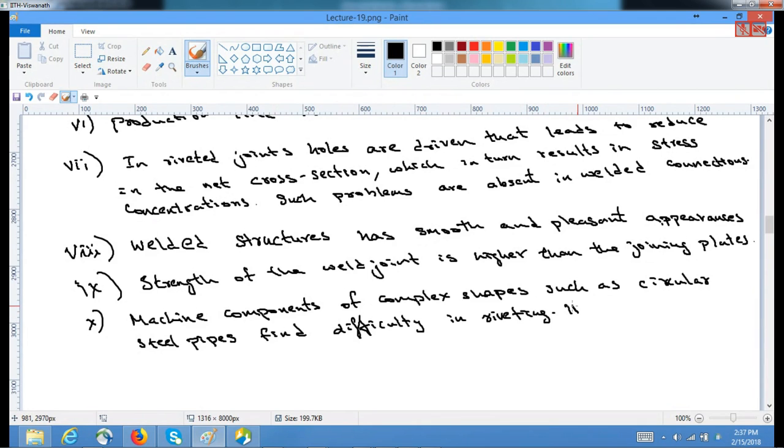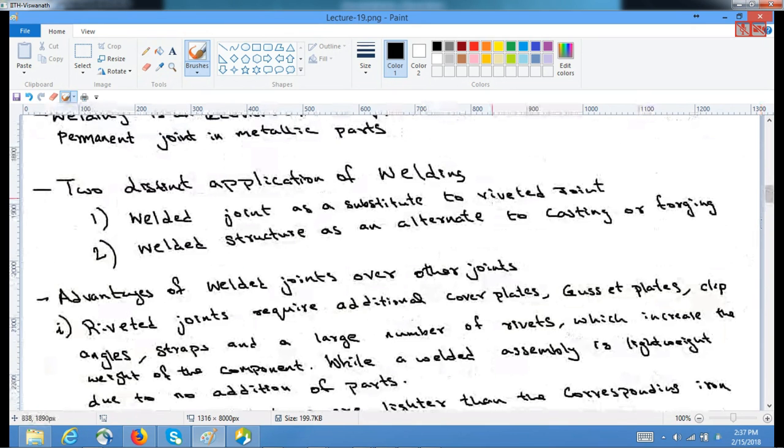However, they can be easily welded. These are the general advantages you have when you're thinking about the application related to the joints. Similarly, there are also certain application advantages when you apply it for the structure as an alternate to the casting or forging process.